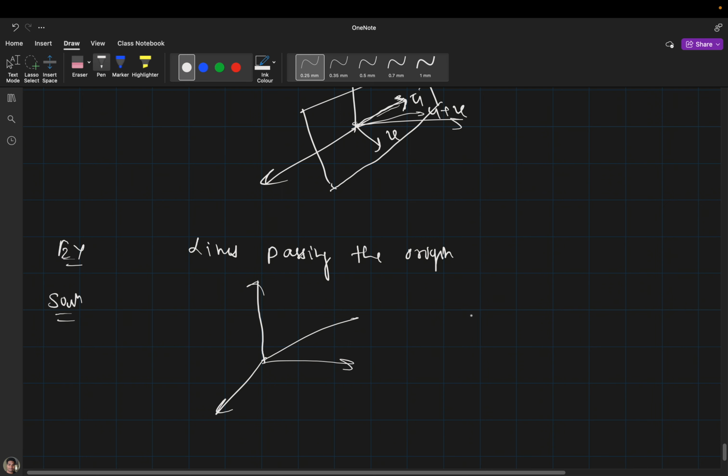It is also a subspace. Is there any problem here? If a plane is a subspace, then a line is also a subspace. Any problem? No, sir.